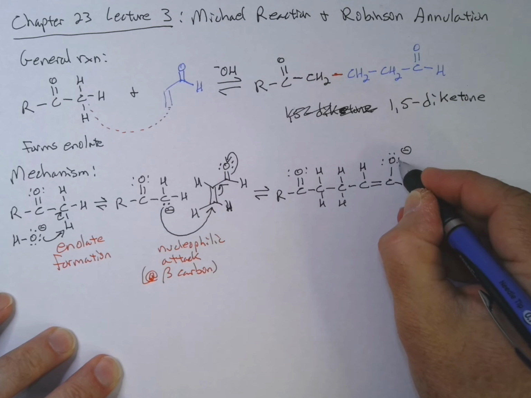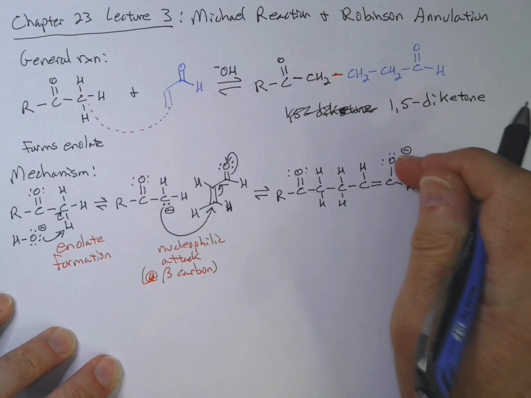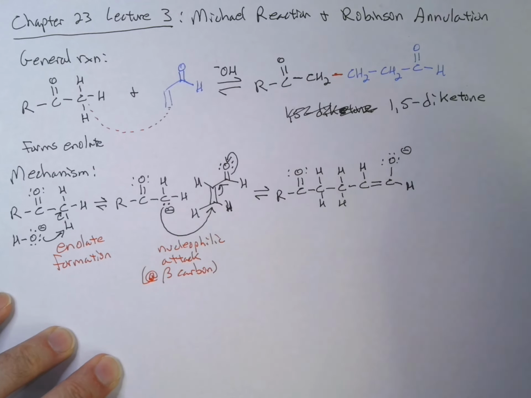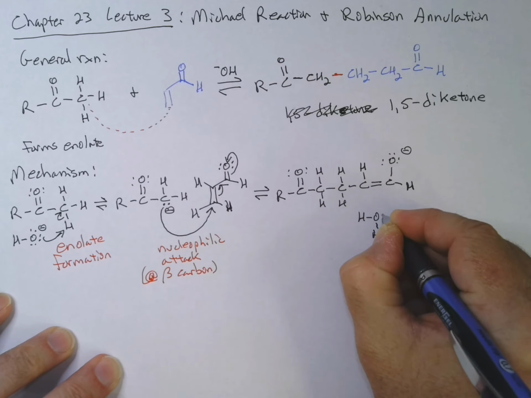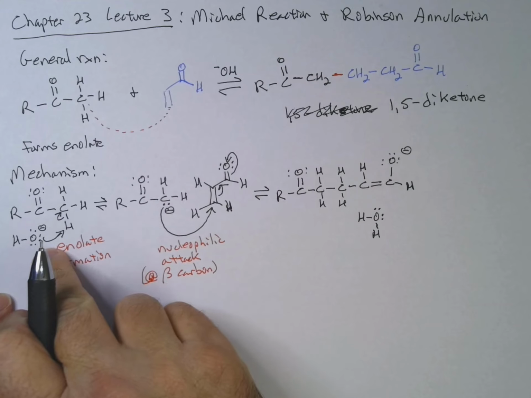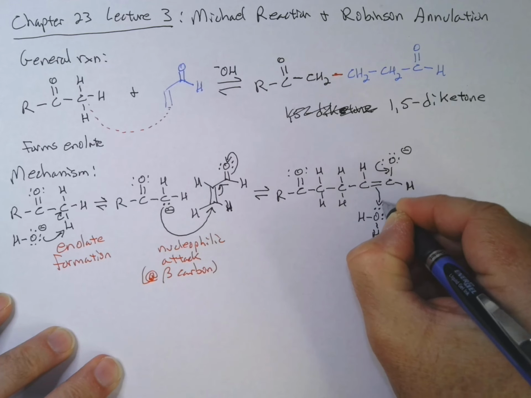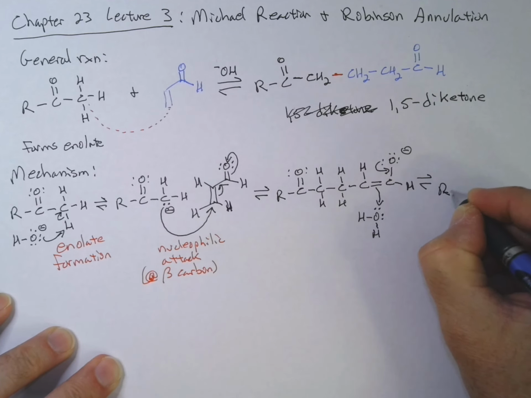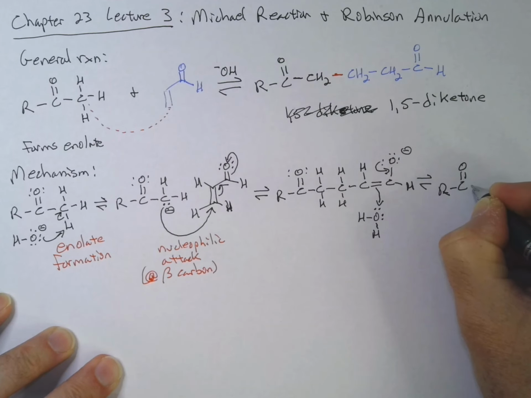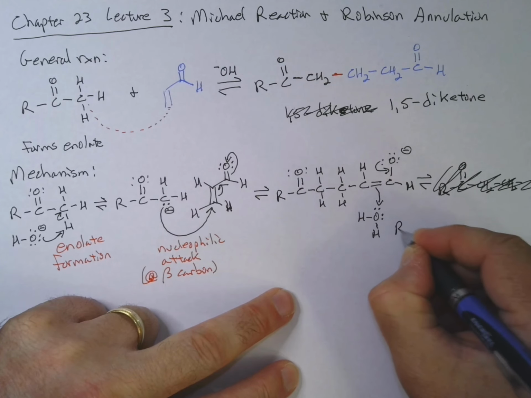Now, this could pull a proton off of something and make an enol, or if we had our water here, how do I know I have water? Well, I just made it back here. I could actually get these electrons kicking back down and those pulling off there. And that gives us now R, C, double bond O, CH2, CH2, sorry, ran out of space there.